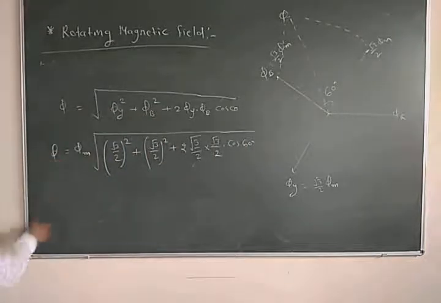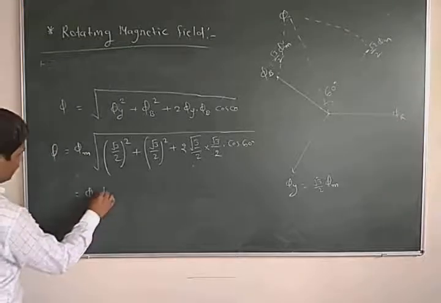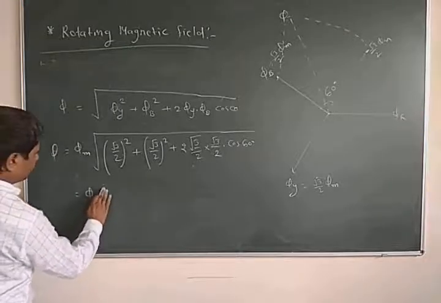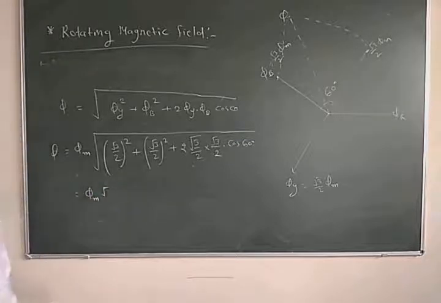We take phi m common, so root 3 and root 3 is equal to 3 by 2, 3 by 4.